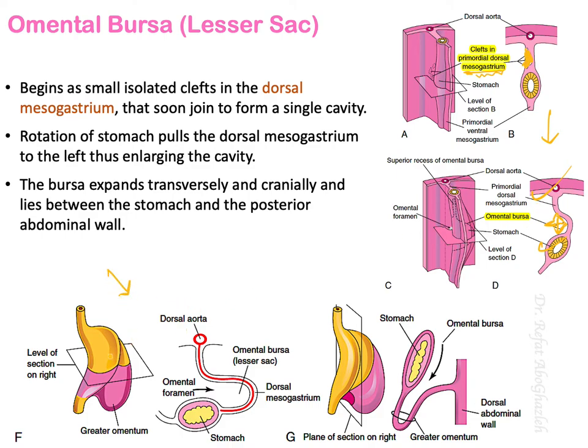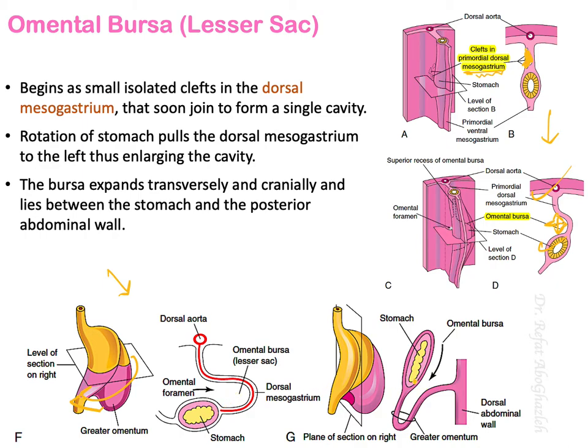Look at the rotation of the stomach. When the stomach rotated, as you know, it pulls the mesogastrium with it, and this helps enlarge the omental bursa or the lesser sac, as you see here. So it becomes larger and larger.